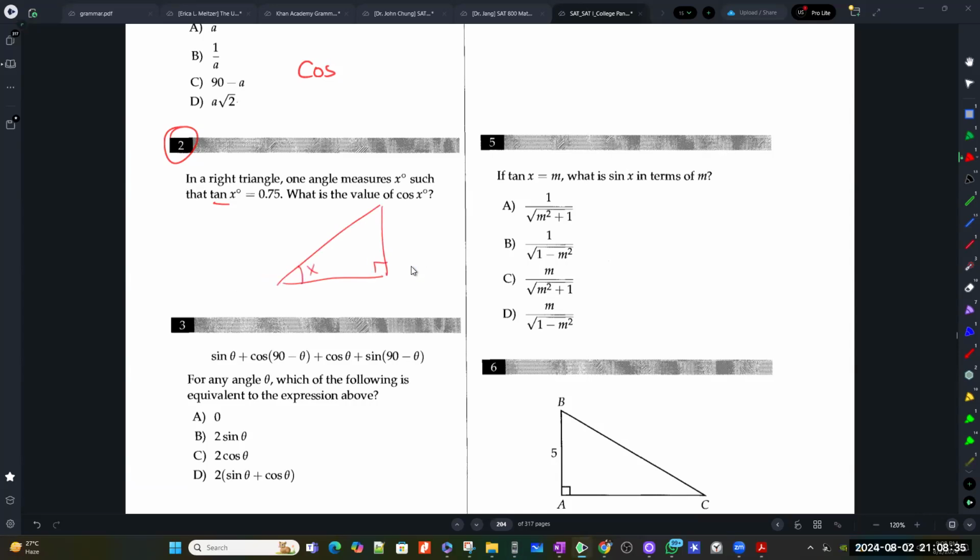Tan x is 0.75, which is 3/4. Okay, so that means perpendicular is perhaps 3 when the base is 4, which makes the hypotenuse 5. Special triangle. Cos x is the ratio 4/5. That's also what you could do.